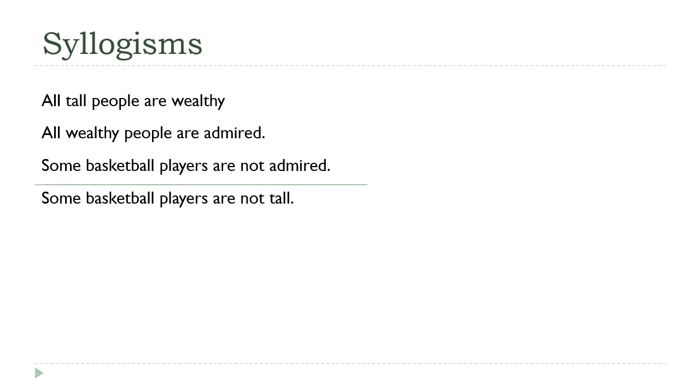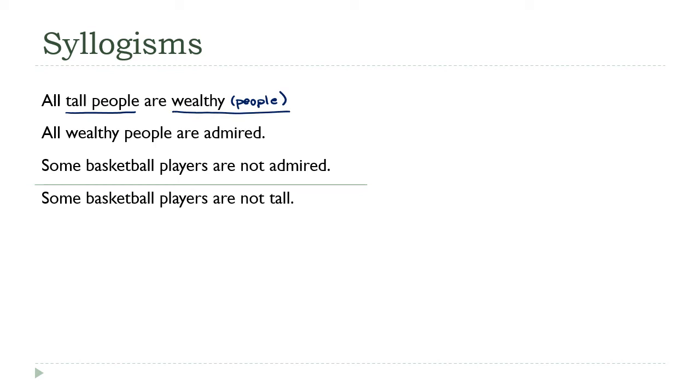All right, let's try one more here. Now this one is a little bigger, a little more complicated, but that's okay. We're going to follow the exact same process. First, I'm talking about tall people, and I'm going to add a little something here to give this a noun, wealthy people.